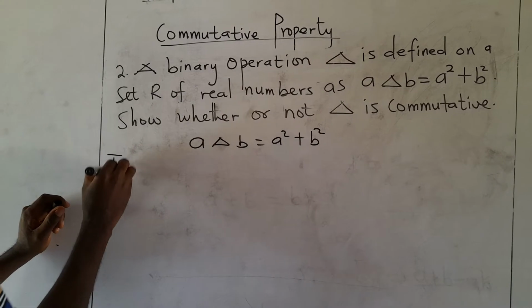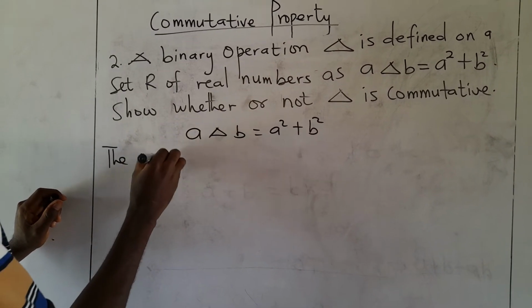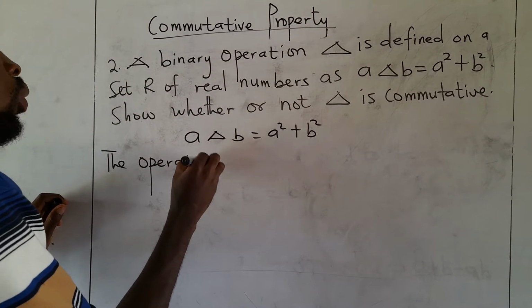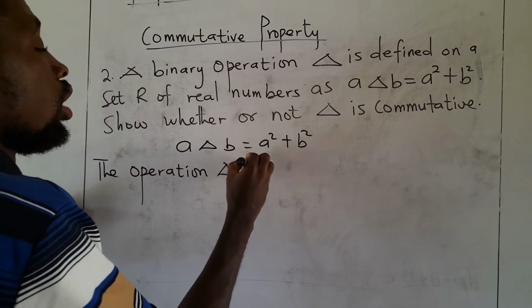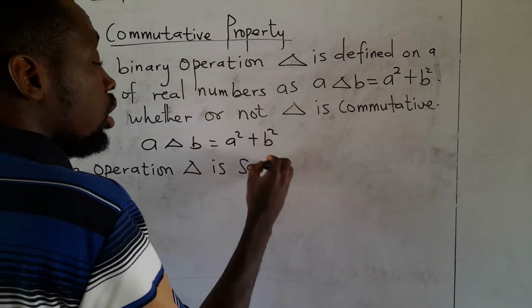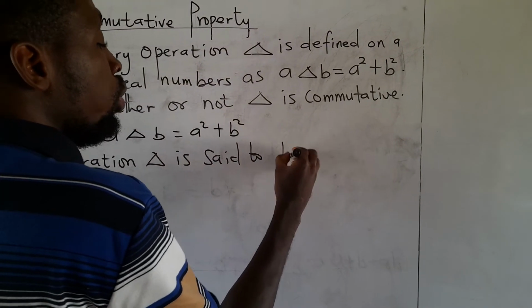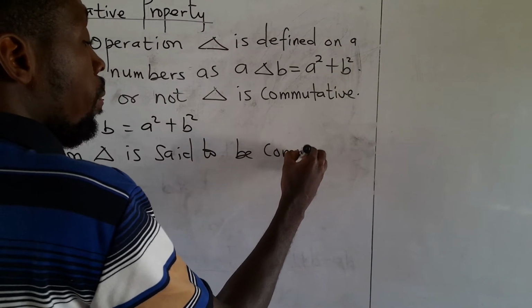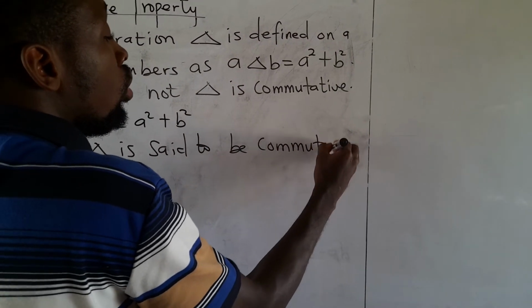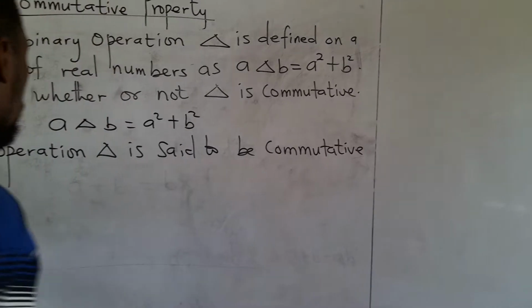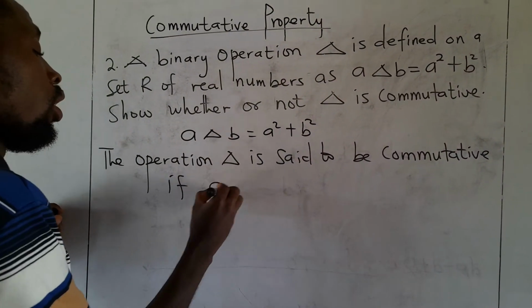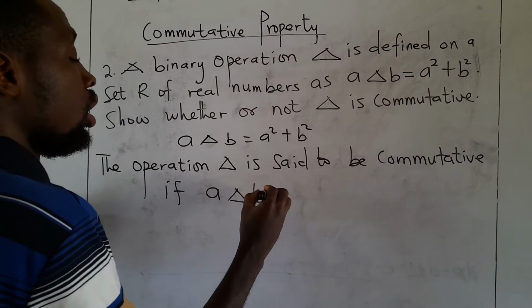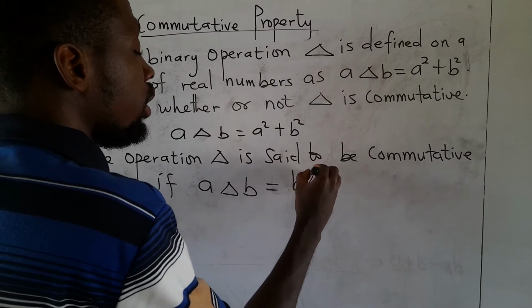And we say that the operation delta is said to be commutative if A delta B is the same as B delta A.